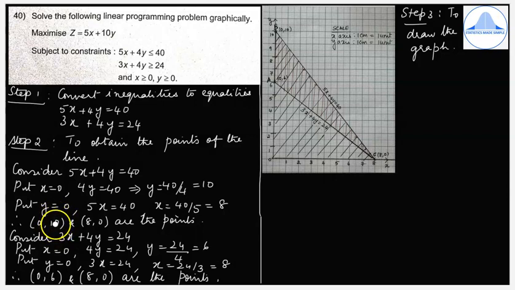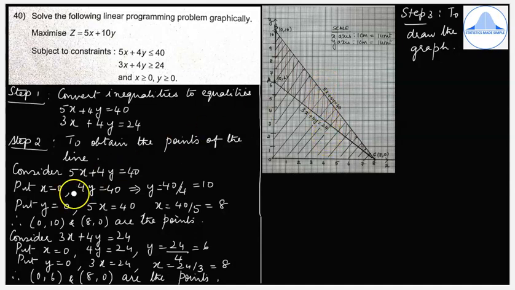The largest y value among (0, 10) and (0, 6) is 10, and the largest x value among (8, 0) and (8, 0) is 8. So on the x-axis, I have taken values from 0 to 8, and on the y-axis, values from 0 to 10. The scale I have written: x-axis 1 centimeter is 1 unit, y-axis also 1 centimeter is equal to 1 unit.